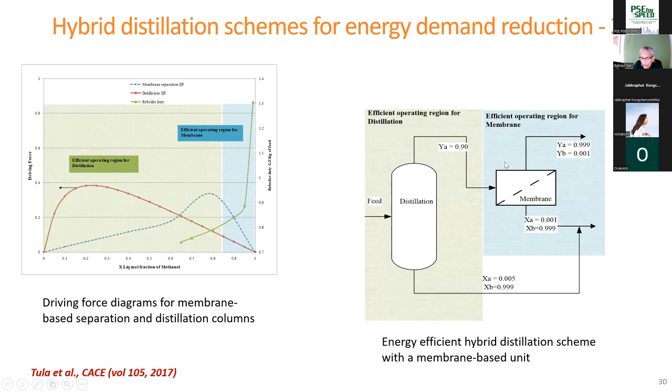And then this will work, because if we have 90% of the light compound and 10% of the heavy compound, the more heavy compound we take out, the more pure the light compound becomes. And since membranes work efficiently only if the flux is low, if we are only trying to remove 10% of the heavy compound, the flux is low, so the membrane operation is also good.